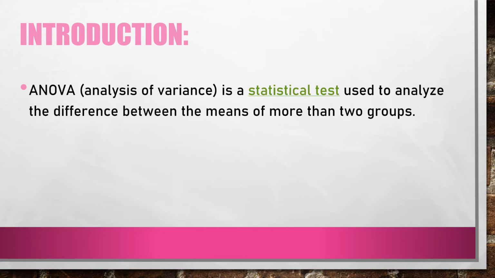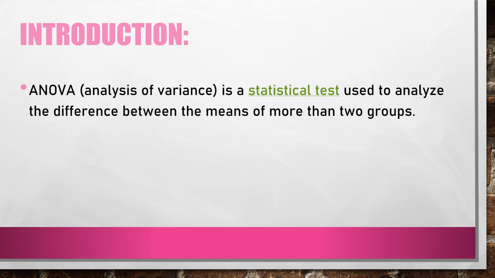It is also a statistical technique used to check if the means of two or more groups are significantly different from each other, or to split and observe aggregate variability found inside a data set into two parts: systematic factors and random factors. The systematic factors have a statistical influence on the given data set, while the random factors do not.